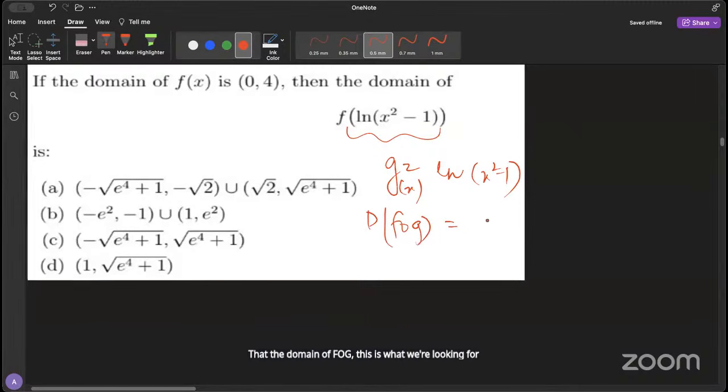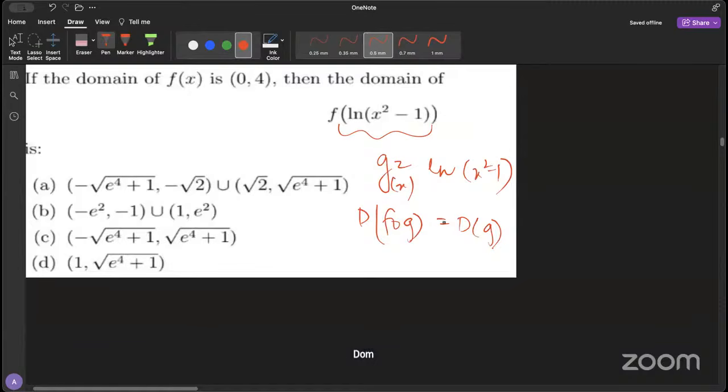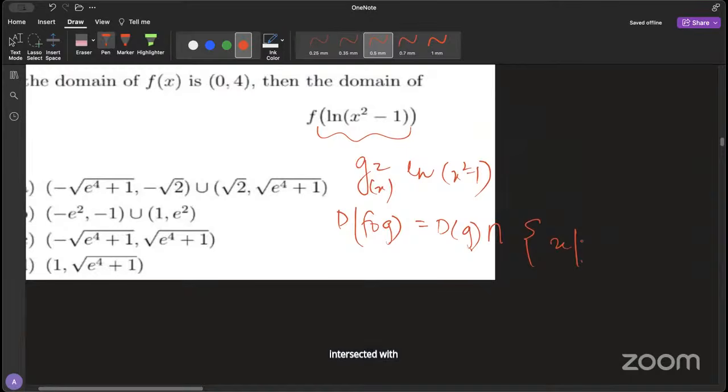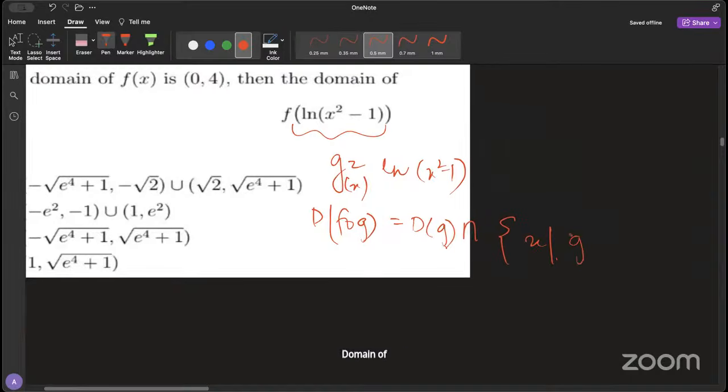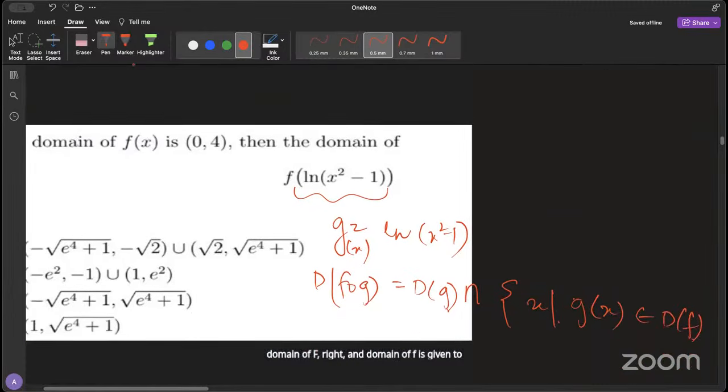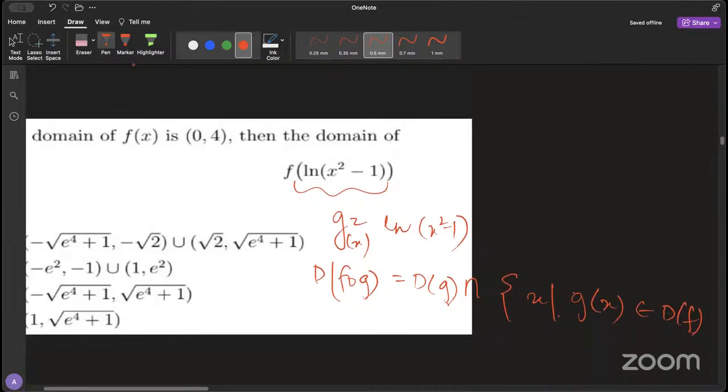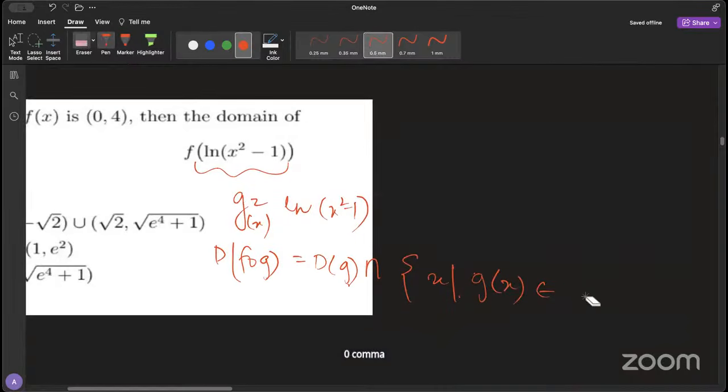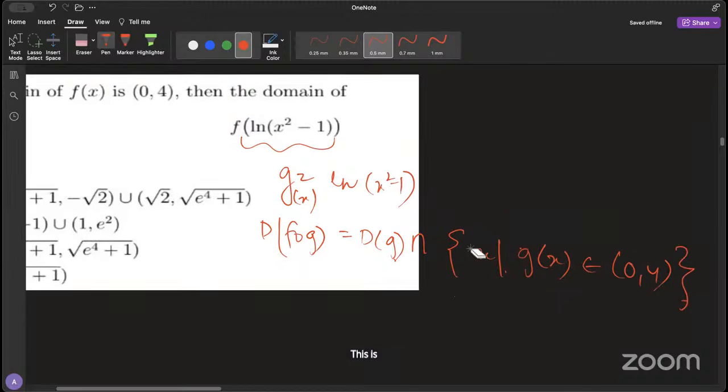This becomes the domain of g intersected with x such that g(x) is in the domain of f, right? And the domain of f is given to be (0, 4), so I can replace this with the (0, 4) interval. This is what I have to find.